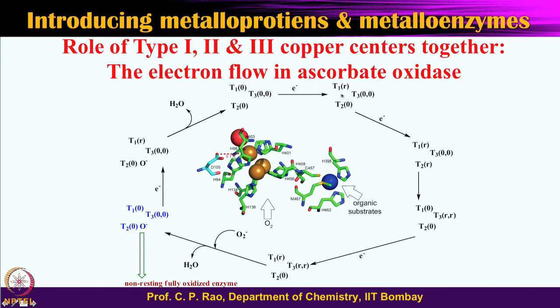First electron going into T1, second electron going into T2, both the electrons going into T3, and in presence of one more electron, 3 electrons will reduce the O2 to water and the bridged oxo species. The nature of this is not very well known, and this with one more electron will ooze out the second water as well, and the substrate gets oxidized.